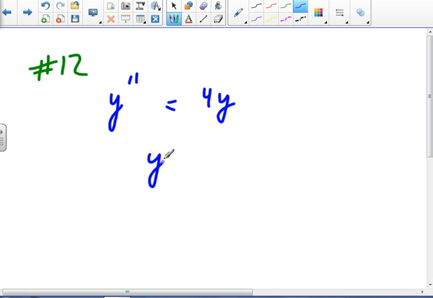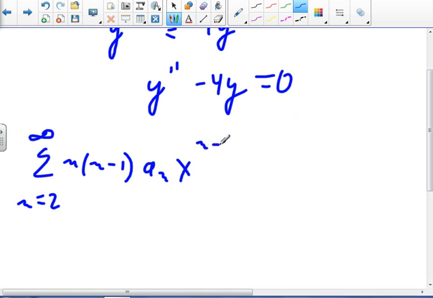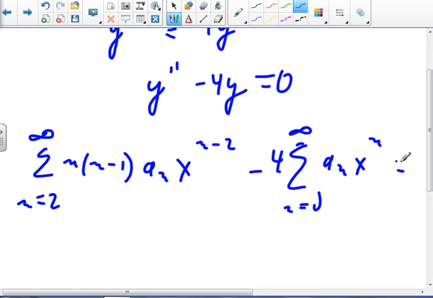Okay, so I've got y double prime minus 4y is equal to 0. So that's what I'm solving. So I've got summation n equal 2 to infinity n n minus 1 a n x to the n minus 2 minus 4 summation n equals 0 to infinity a n x to the n is equal to 0.